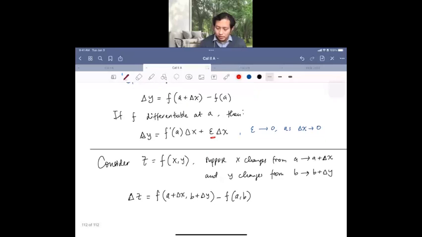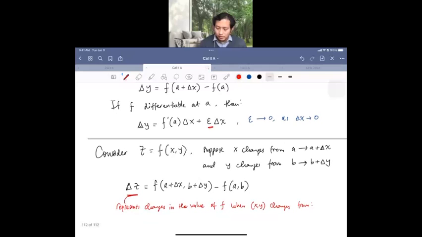So we set up the increment of z that represents the change in the value of f when the point changes from (a, b) to (a plus delta x, b plus delta y).